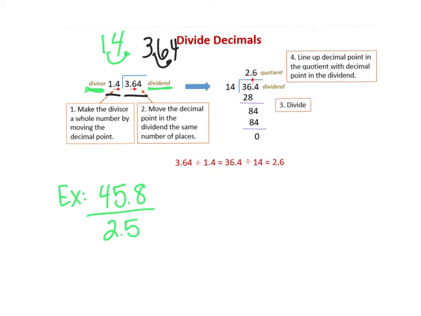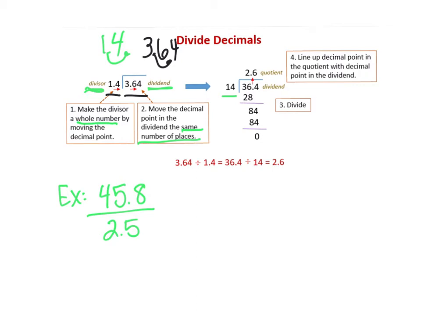I'm going to move my divisor to make it a whole number. However many jumps I need to make in terms of my place value, I need to do the exact same number of places for the inside, the dividend. So now my new problem is 14 divided by 36.4.